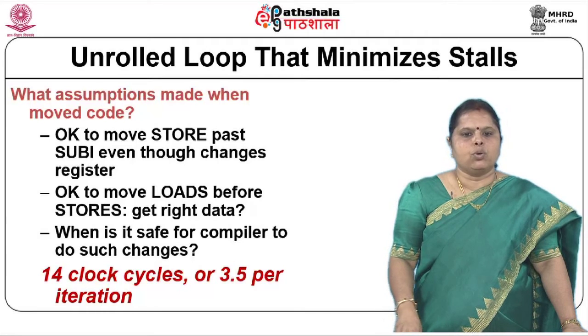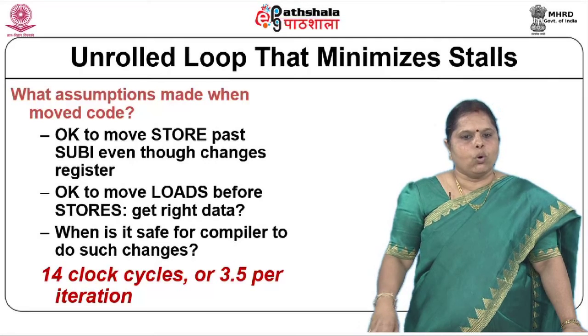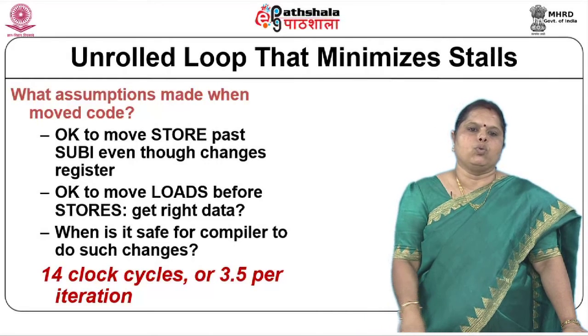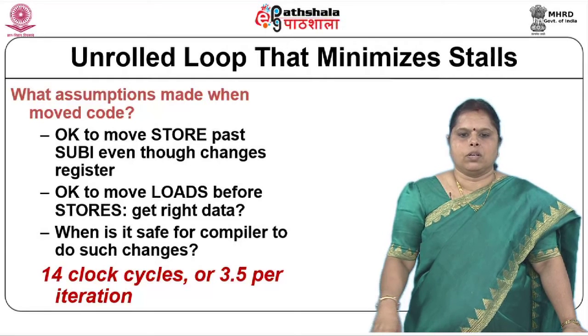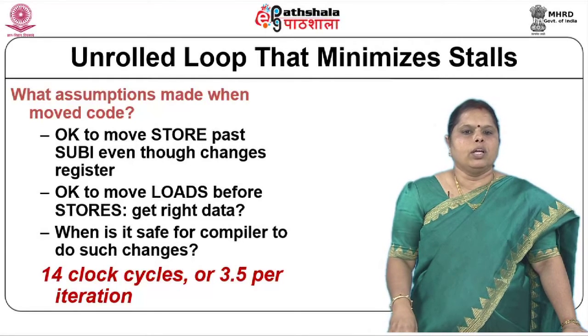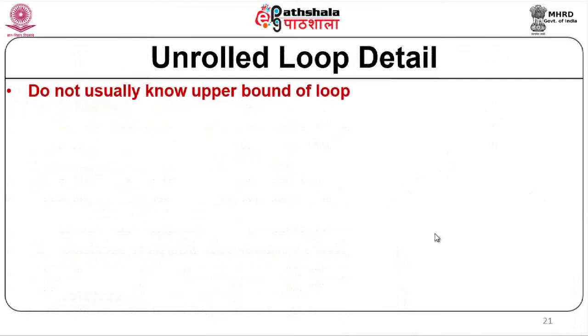So, we will have to make sure that these are not referring to the same addresses. Only if they do not refer to the same effective addresses, you can interchange these loads and stores. You can shift these loads and stores wherever you want. So, in this case we have only 14 clock cycles or 3.5 clock cycles per iteration.